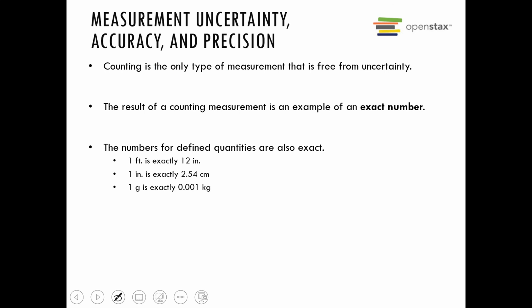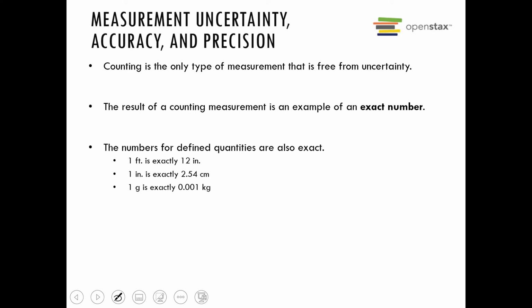Now, counting is the only type of measurement that is free from uncertainty. Like we said, when we use a ruler to measure, there is some uncertainty. But counting is exact. If I had 5 quarters and I count those quarters, there's no uncertainty to that.